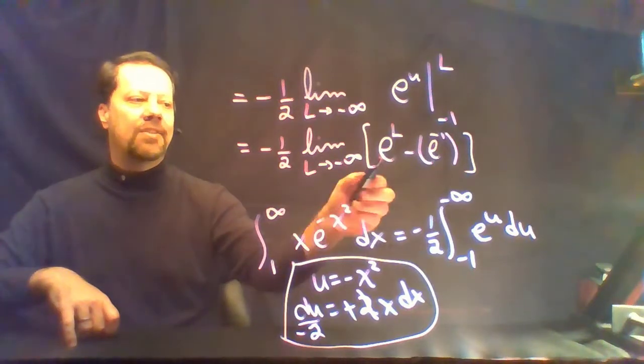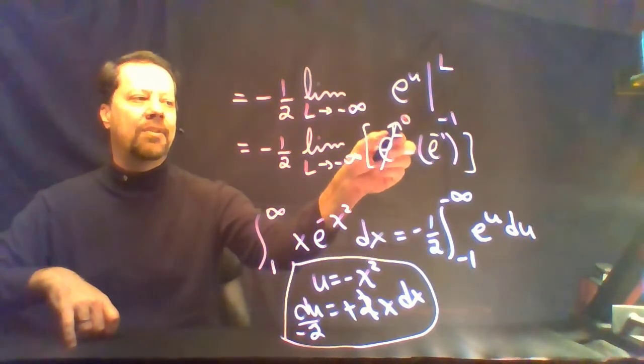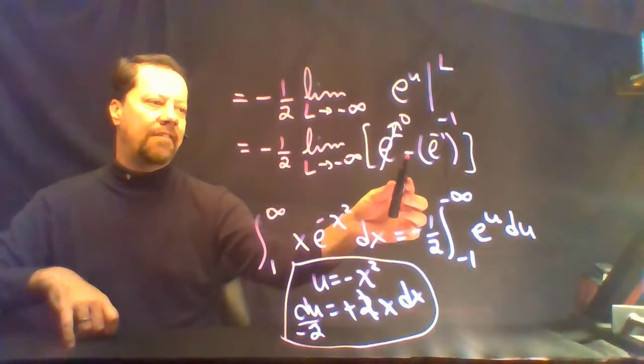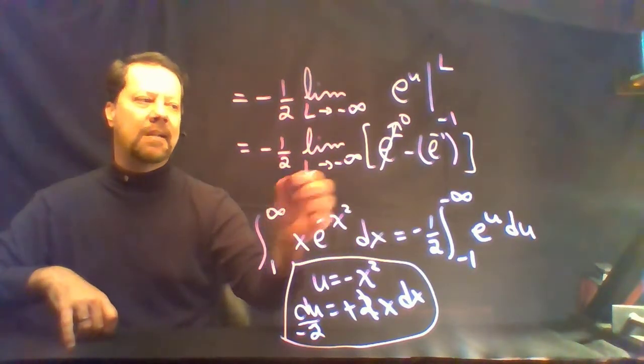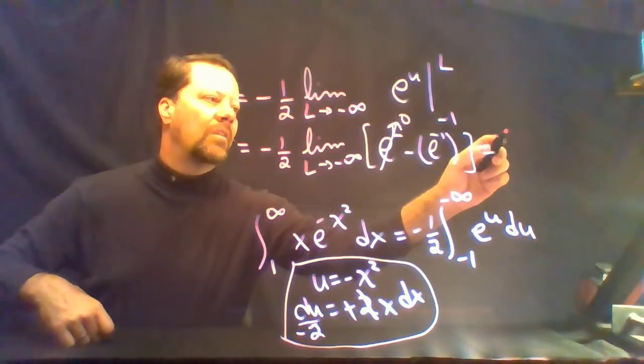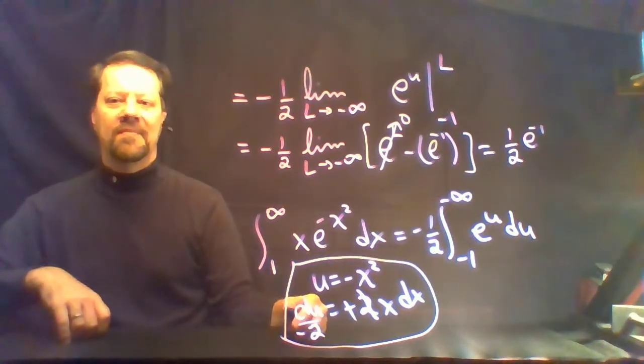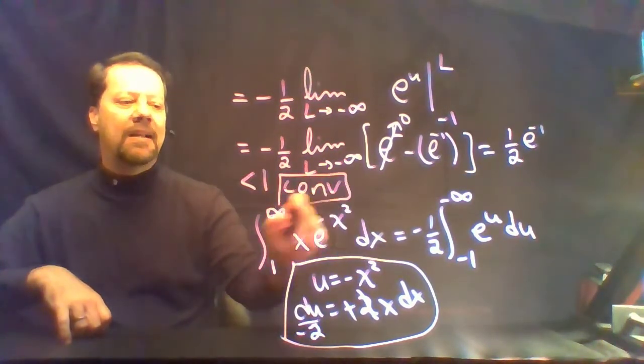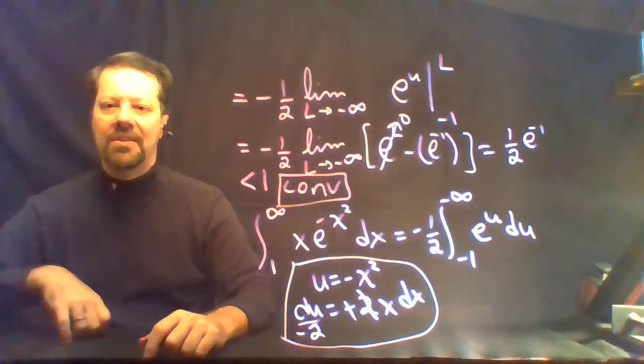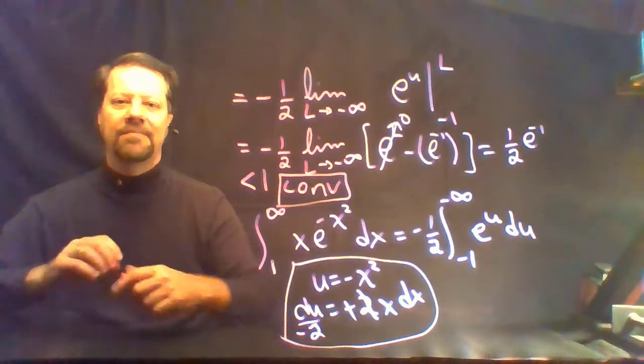And the limit as L goes to minus infinity, e to the L will go to 0. A negative times a negative is positive, so we have 1/2 e to the -1. And that implies that the series also converges, because both converge or both diverge.